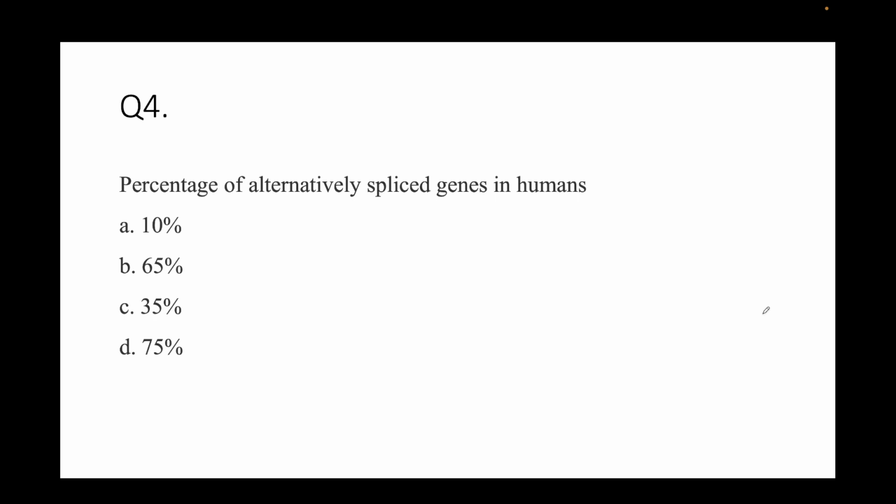Percentage of alternatively spliced genes in humans: 10, 65, 35, 75. Which one is it? If you don't know the real answer, then you can guess.